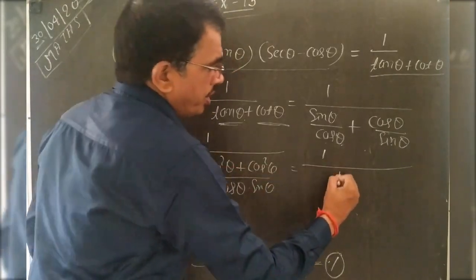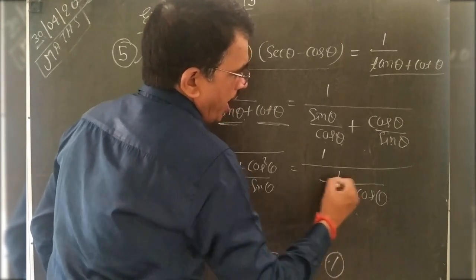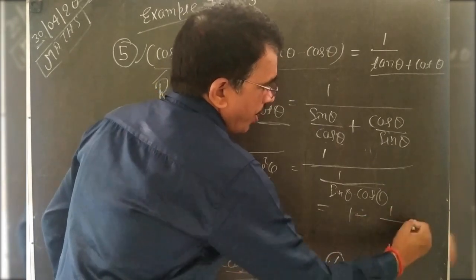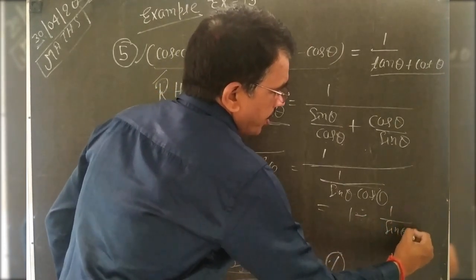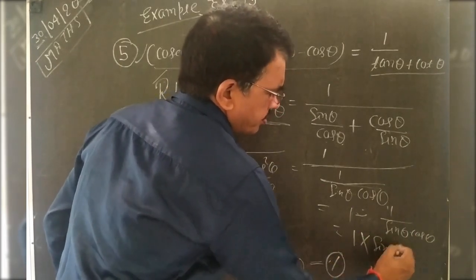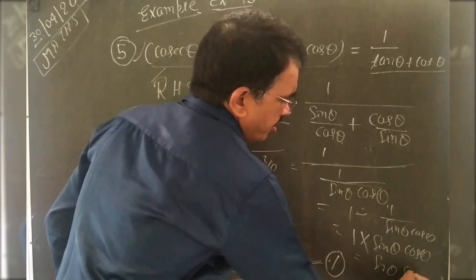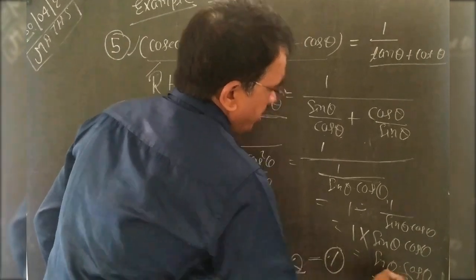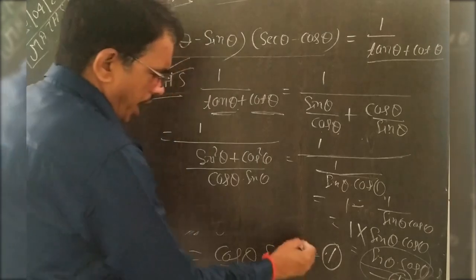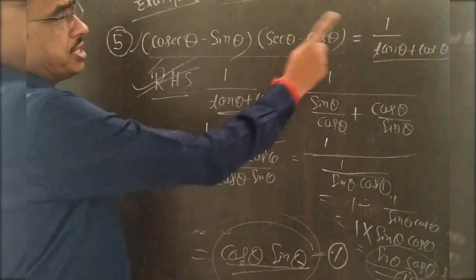Here is also 1 by sin theta into cos theta, and this is the line that divide. So you can write 1 divide 1 by sin theta into cos theta, and last 1 multiply, then you get sin theta into cos theta. So in RHS it is sin theta into cos theta, and LHS also sin theta into cos theta. Then you can say LHS is equal to RHS.